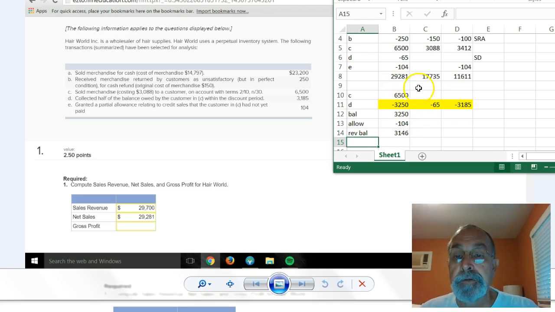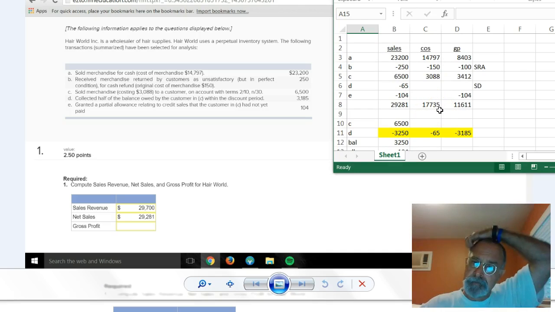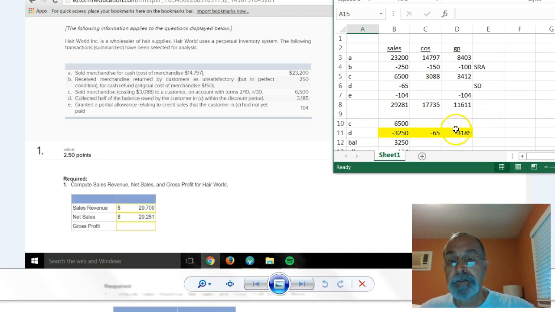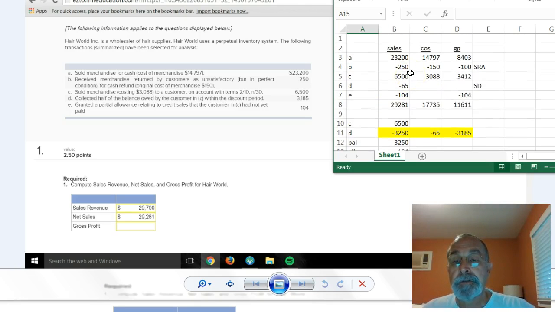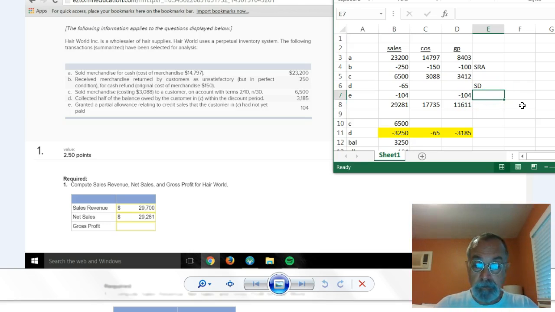But going back to our initial objective here is to figure out sales, net sales, and gross profit. The 104 essentially is a price reduction. There's no cost attached to it. So we can show it as a reduction in the sales column.